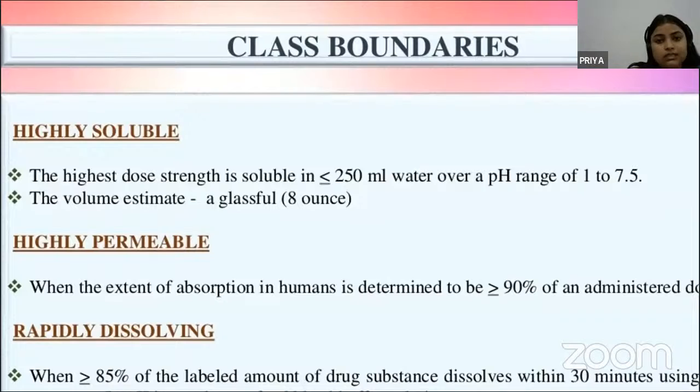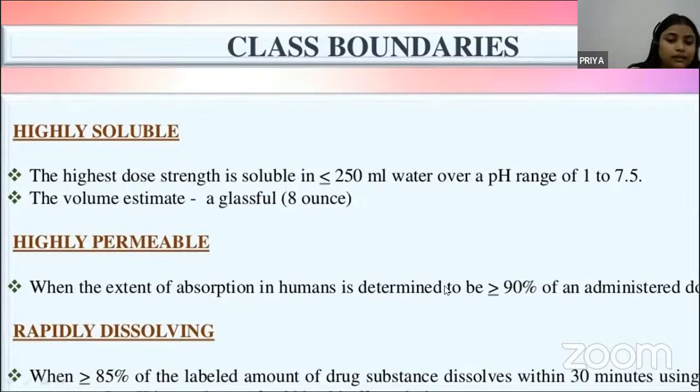The boundaries or classes of boundaries, which we can tell, first is high solubility. High solubility means the highest dose is soluble in 250 ml or less over the pH range of 1 to 7.5. The volume estimated for this is like a glass full.